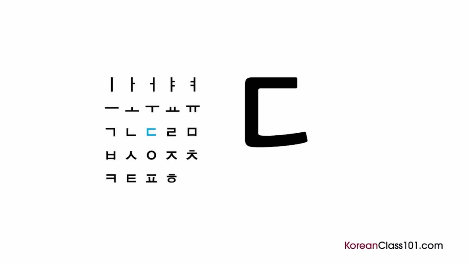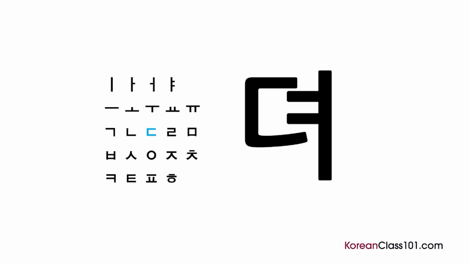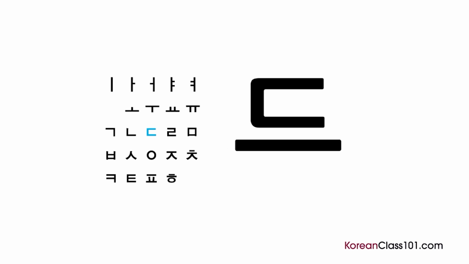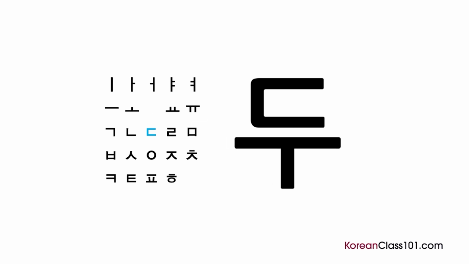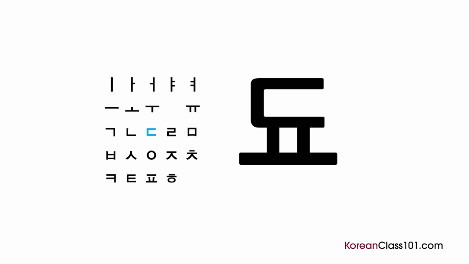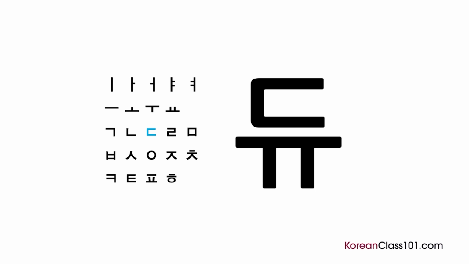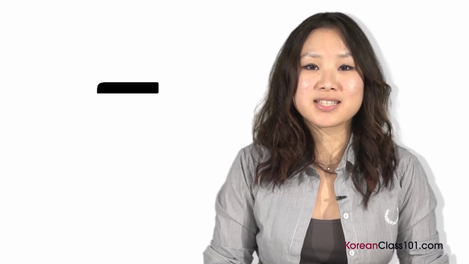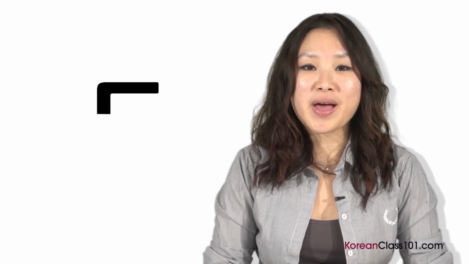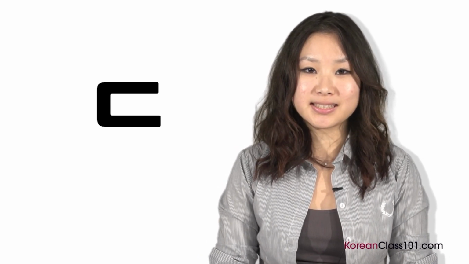Next up is 디귿. 디, 다, 더, 뎌, 드, 도, 두, 듀. When you look at the shape, think about the first line as the dirt and the second line as the path of somebody digging. 디귿.